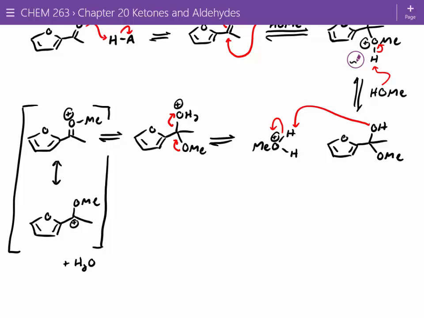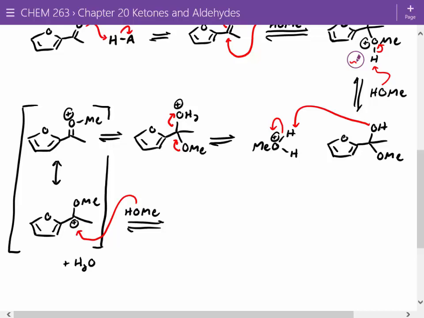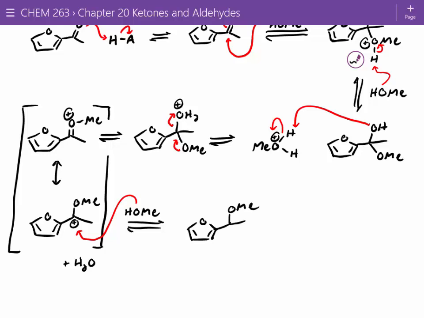If we have more methanol around, this can actually add in once more. And this will add into our electrophilic site. I know these reactions are very, very steppy, but bear with me. You don't have a choice. Okay.